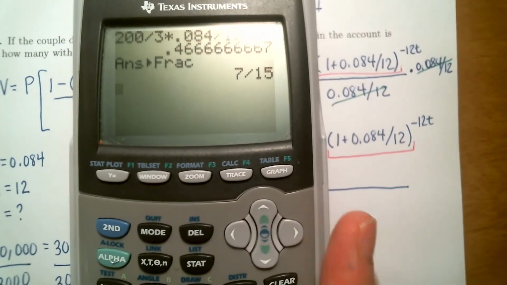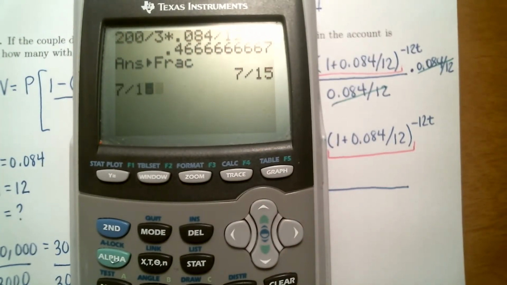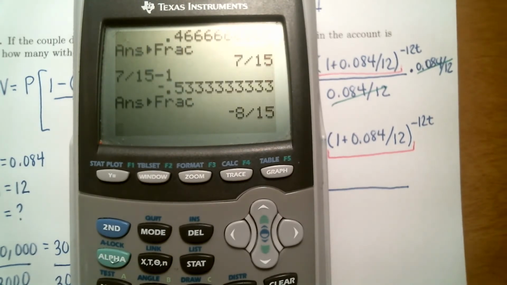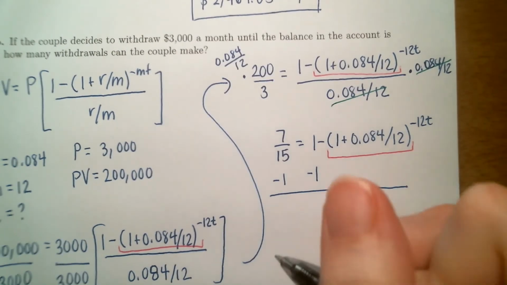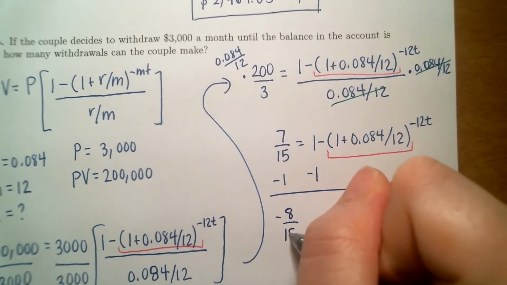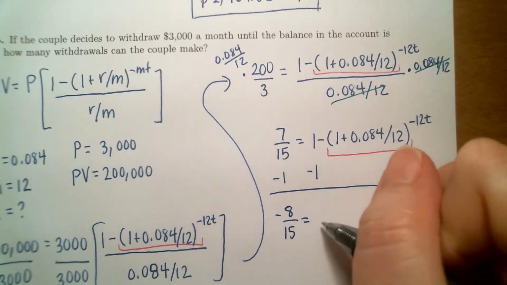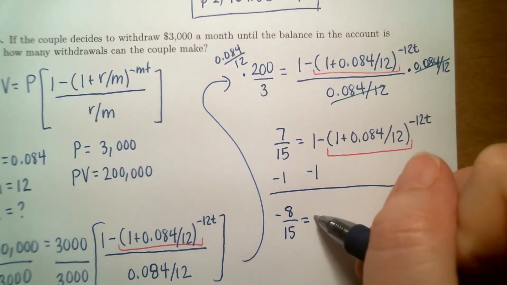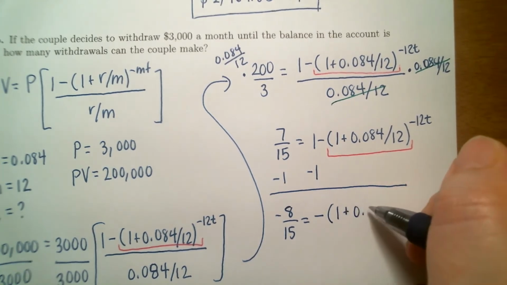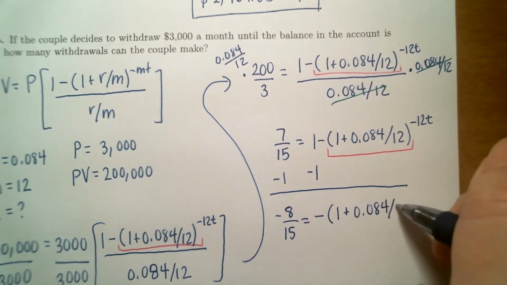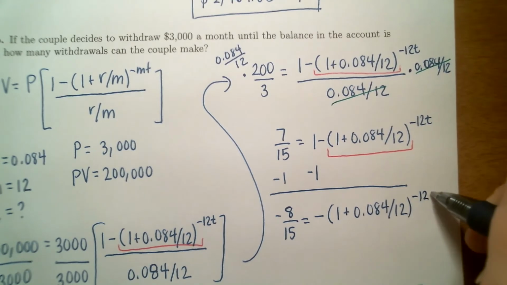We're going to do 7 over 15 minus 1, and convert it to a fraction. This is going to be negative 8/15, is equal to, the 1's cancel. I still have this negative sign outside the parentheses. Be very careful. There's a lot going on here.